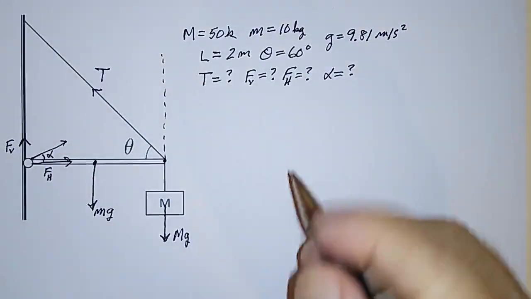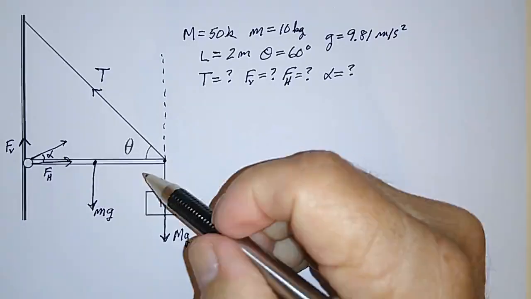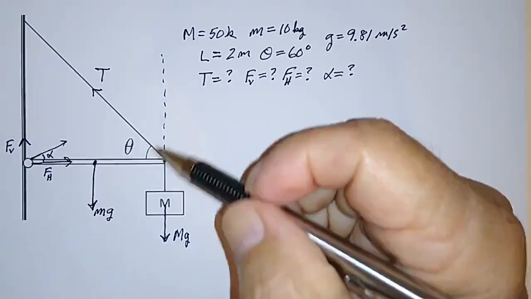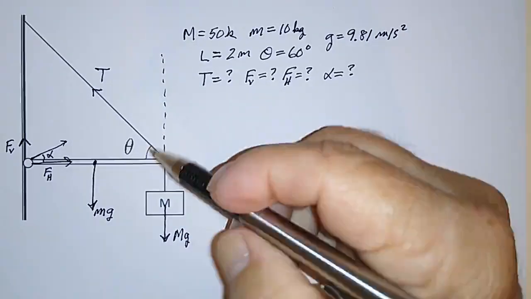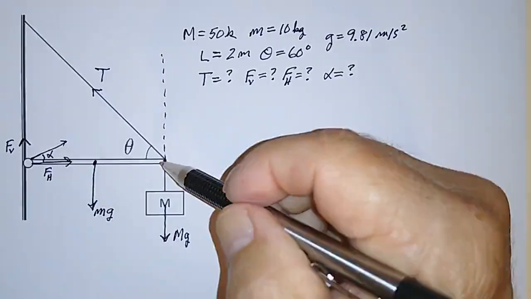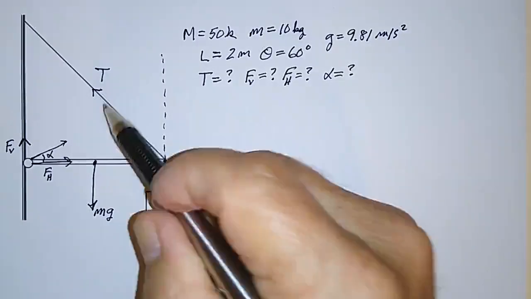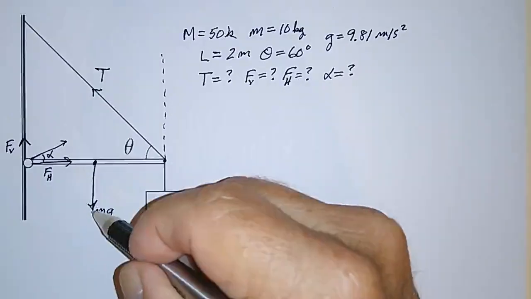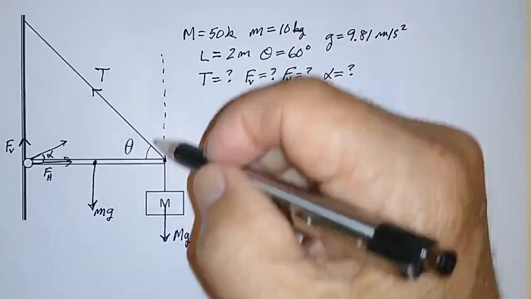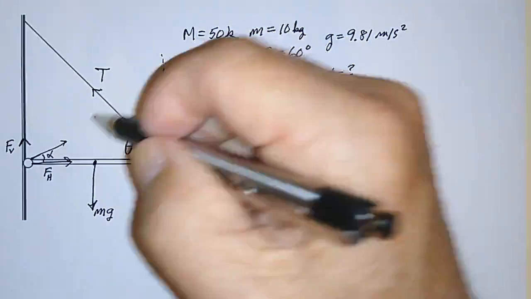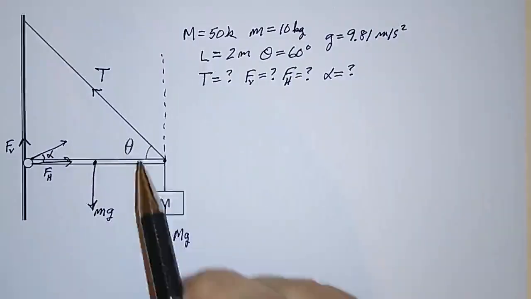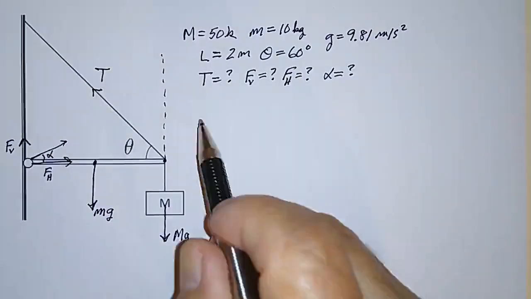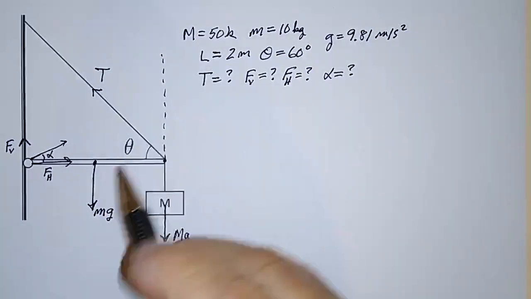So the first thing we want to do is look at the force balance equation. By force balance, I mean the downward forces. If we want to find out what the tension in the cable is, we need to look at what the downward forces are and what the upward forces are to see how they balance. So let's write an equation for force balance.